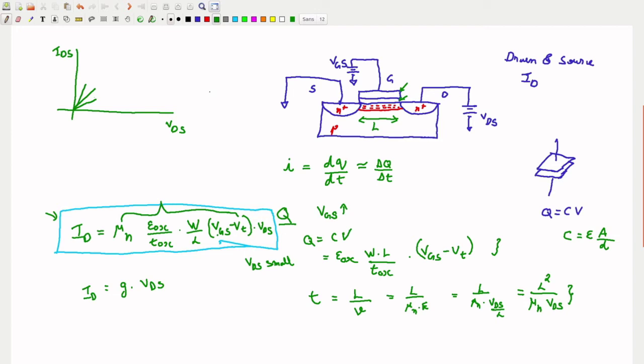Now, if we increase the VDS, this was when VDS was very small. Now we will see what happens when VDS is increased.